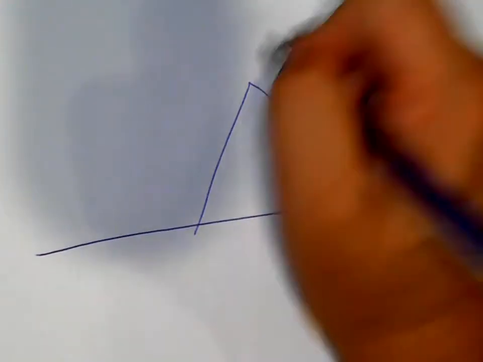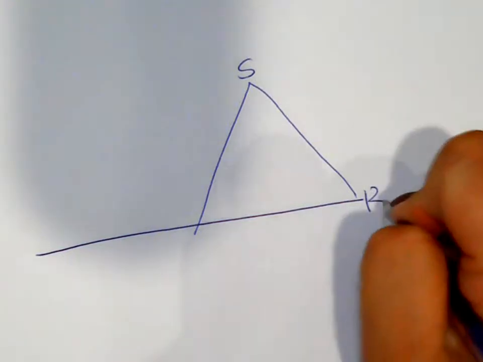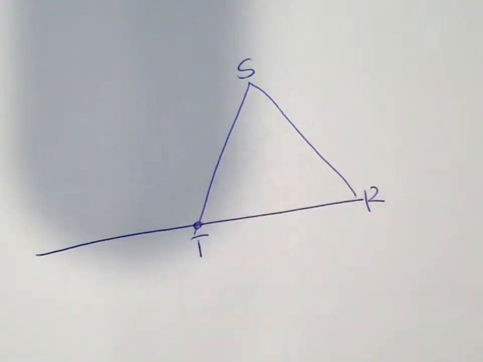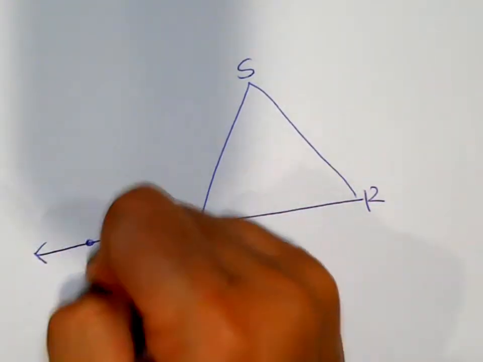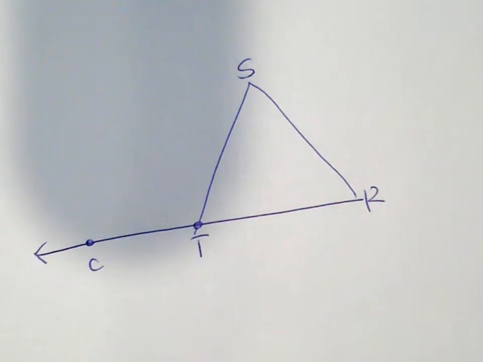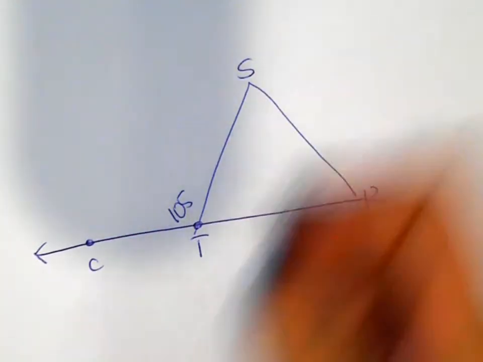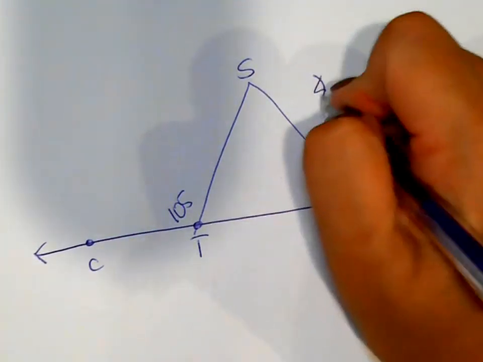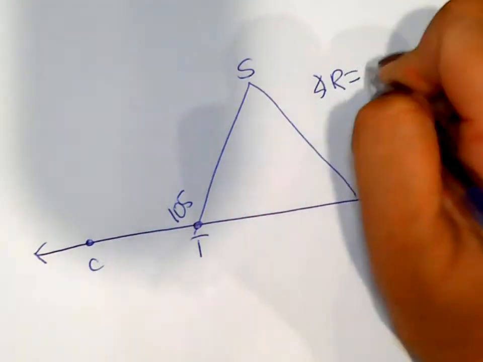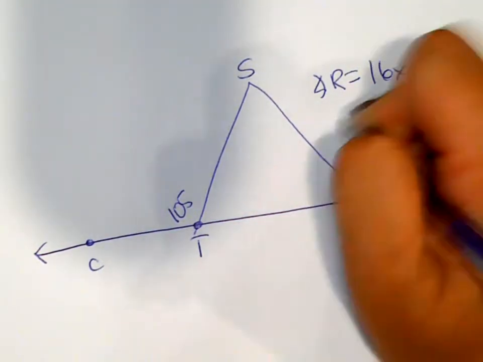All right. So this is S, R, T. This guy over here is C. And this guy is 105. And it says angle R is equal to 16x plus 2.